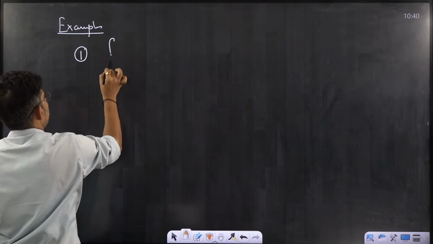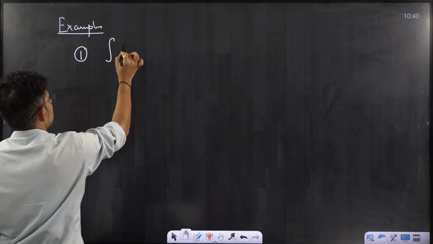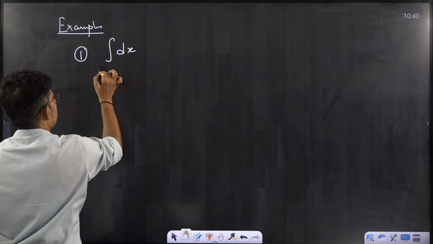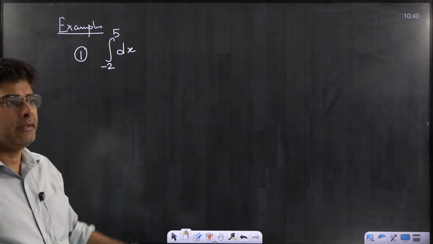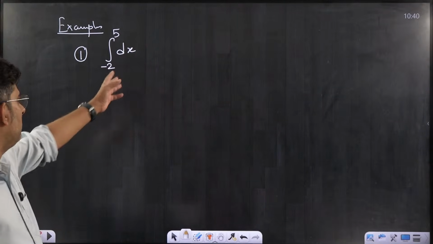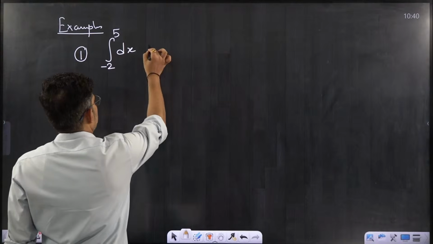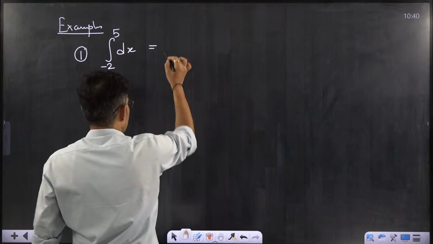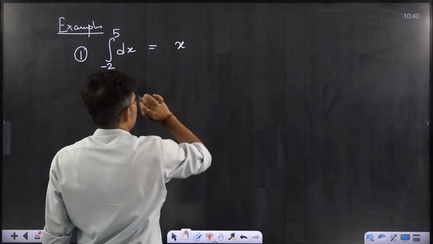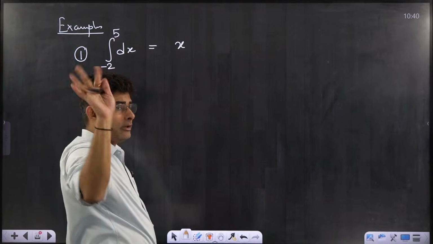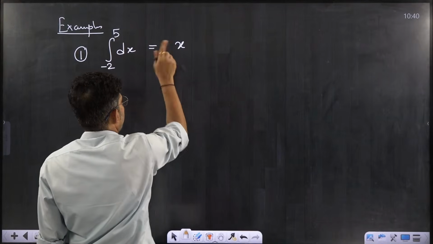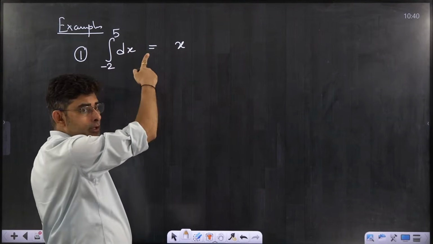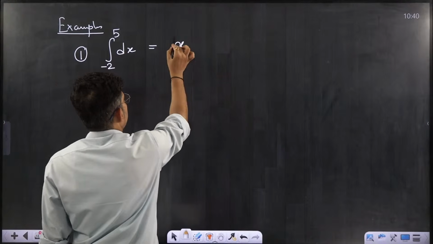For example, if I just have dx given like this, you will say, sir, we know it is x. Now don't say x plus c, that c is gone. Integration of dx means integration of x to the power 0, which is 1, as I also told yesterday. When you are integrating 1, you are getting x.